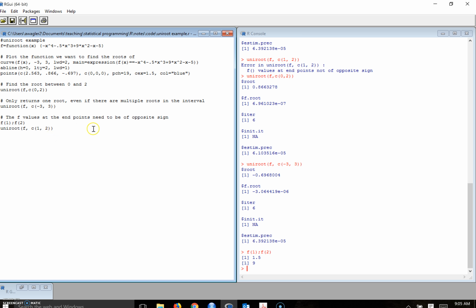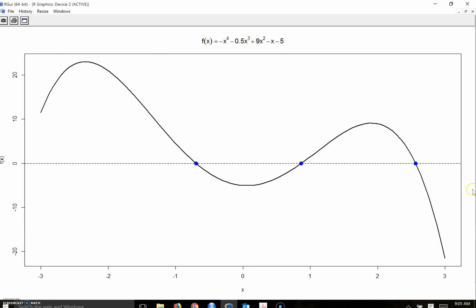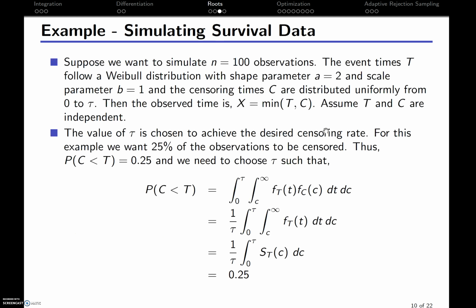So let's take a look, and we get back an error message saying that the f values are not of opposite sign. Again, these last 2 examples point out the necessity of plotting your function first so that you do not make silly mistakes or not understand why you get an error such as f values must be of opposite sign.